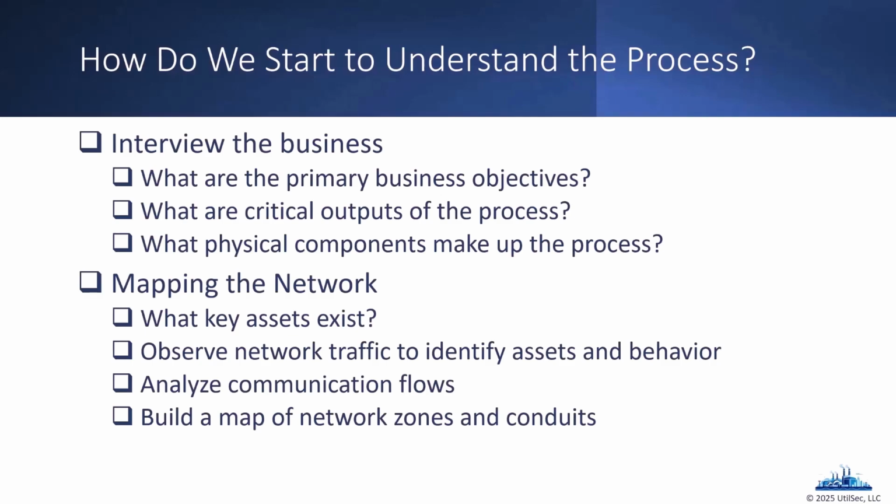Then we start talking about mapping the network. And this is where a lot of times you talk about going into a client and doing things like a crown jewels assessment. Because when you think from a cybersecurity perspective, you might want to go into a plant and say, well, everything's important because if you lose part of it, then the plant goes down. And part of me says, yeah, that's right. But the other part says, you can't protect everything.